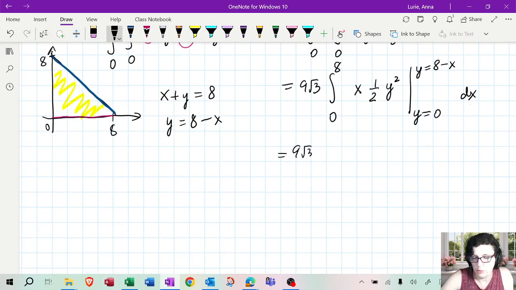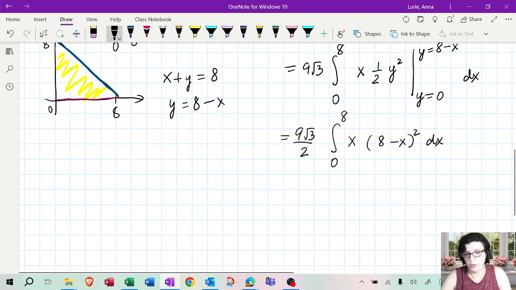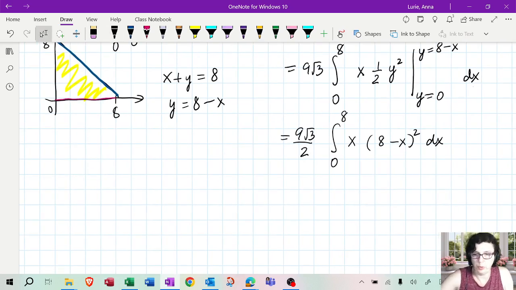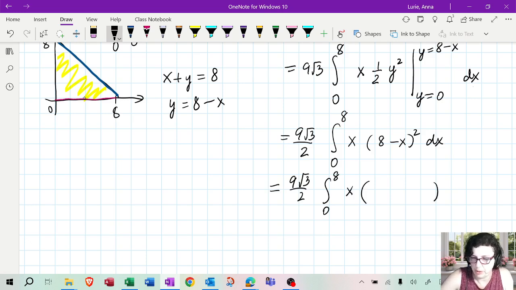Okay, and let's take out that 1/2 also. Why not, right? So we don't have to worry about it. Okay, so we've got x, and then instead of y, we put 8 minus x squared, dx. Now, if you think that you can start integrating at this point, that's not good because you cannot. So you have to start expanding this expression. So what is 8 minus x squared? Just remember that it's like a minus b squared.